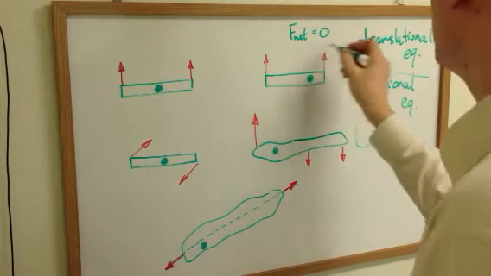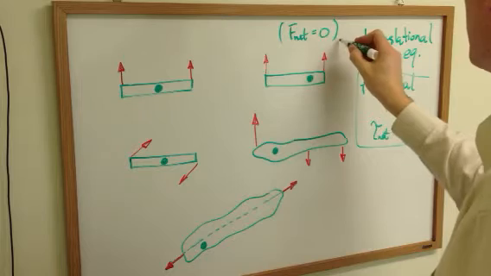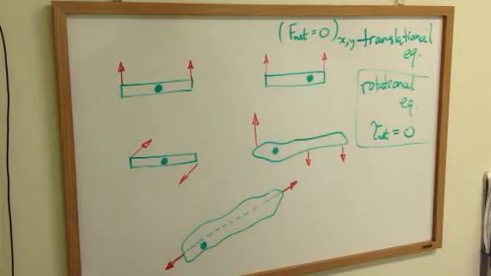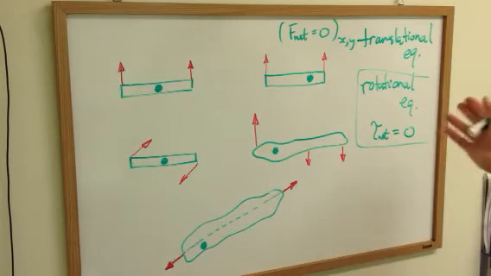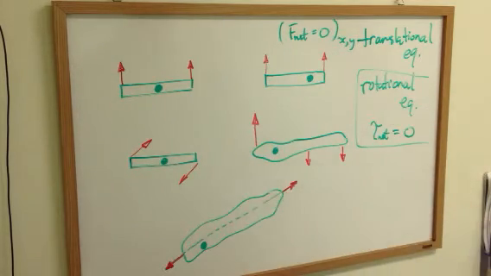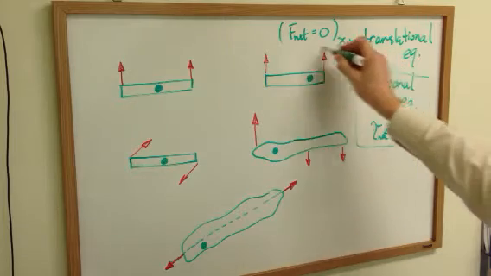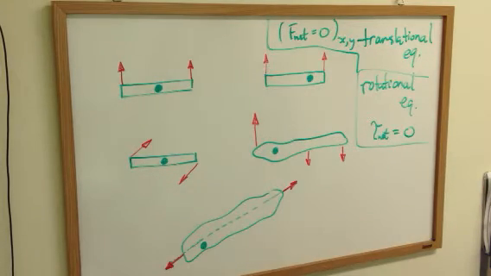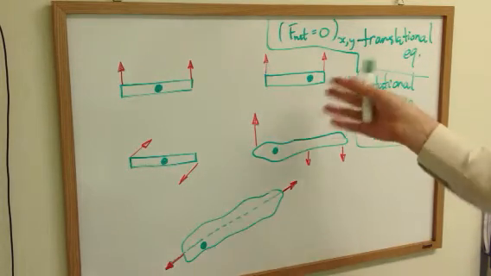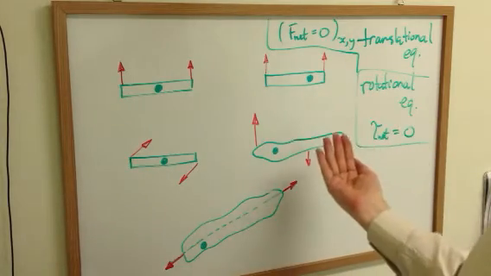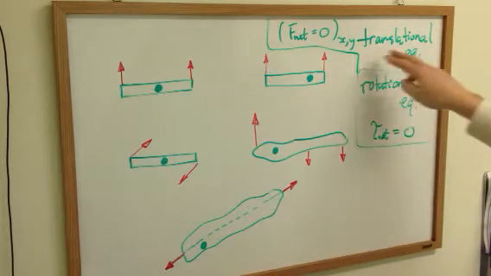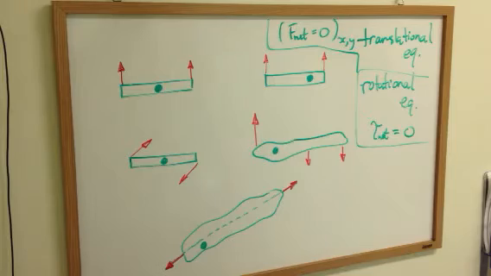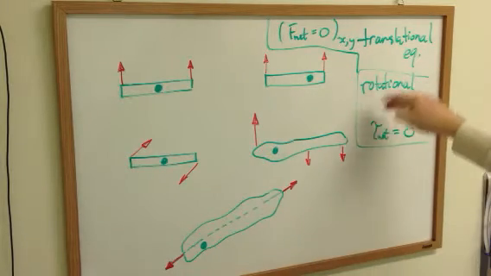And that will be true in both the x and y dimensions independently. So if the net force is equal to 0 horizontally and vertically, then an object is in translational equilibrium. If the net force is not equal to 0, then it's going to accelerate in that direction, change its position, and thereby be in translation.